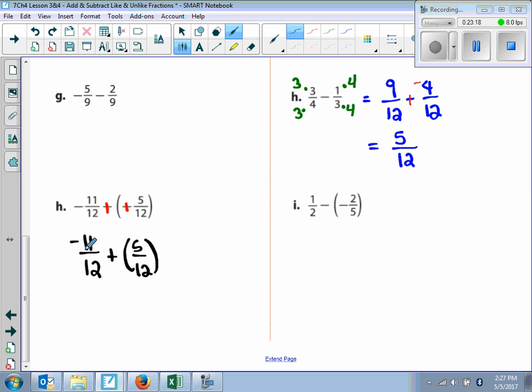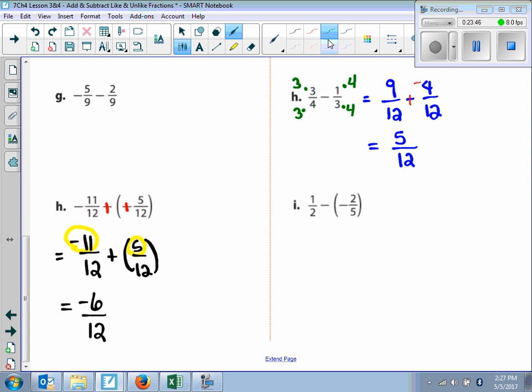Okay? So now you just follow your rules for adding rational numbers with like denominators. So we are going to add the numerators. So we've got negative 11 plus 5 gives us a negative 6 over 12.